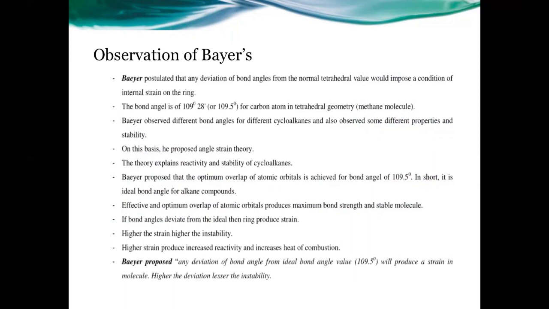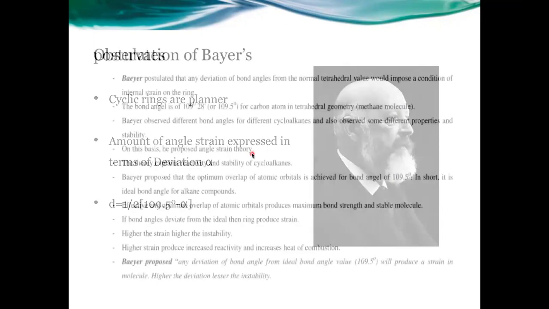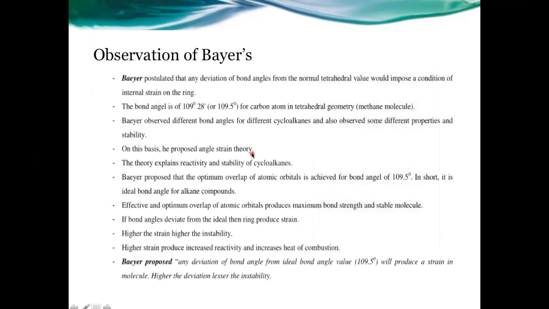On the basis of these, he proposed one particular theory which is called angle strain theory. It is all about the angles. Angle strain theory is all about the Baeyer strain theory.